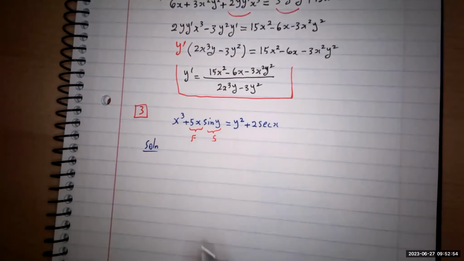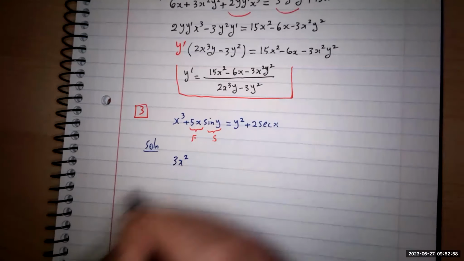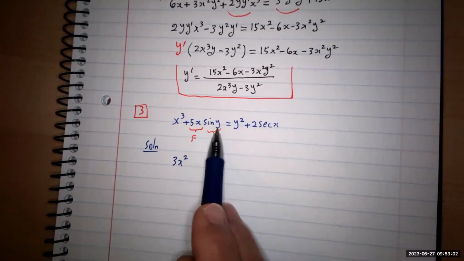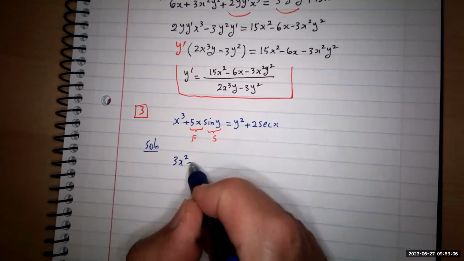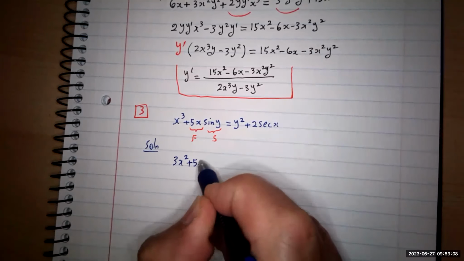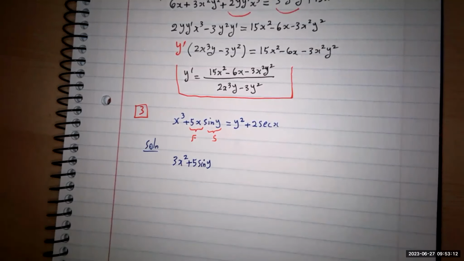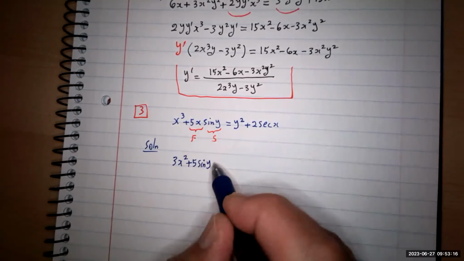We go with the derivative of x cubed, which is 3x squared. Okay, that's going to be the one. Then this is a product of two functions. Derivative of the first times second, derivative of 5x would be 5. So that gives you 5 times the second function, sine of y. Now plus the derivative of the second function times the first one.